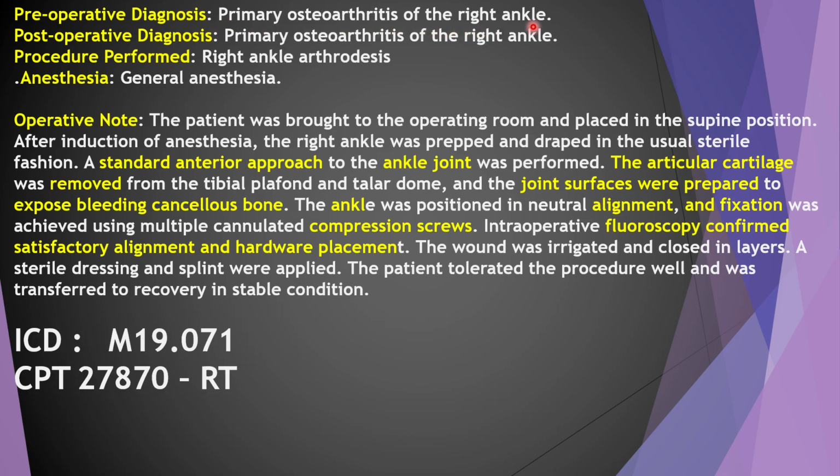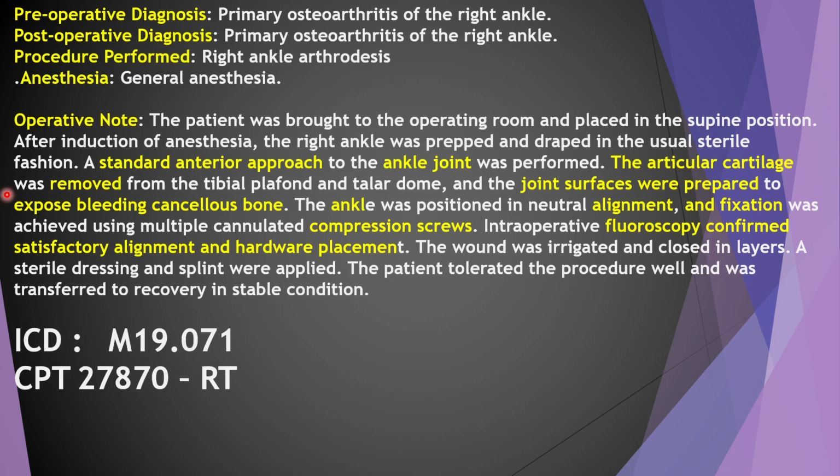The diagnosis is primary osteoarthritis of the right ankle, the post-operative diagnosis is the same, and the procedure is right ankle arthrodesis. The operative note: the patient was taken to the operating room and placed in the supine position. After induction of anesthesia, the right ankle was prepped and draped in the usual sterile fashion, and a standard anterior approach to the ankle joint was performed.